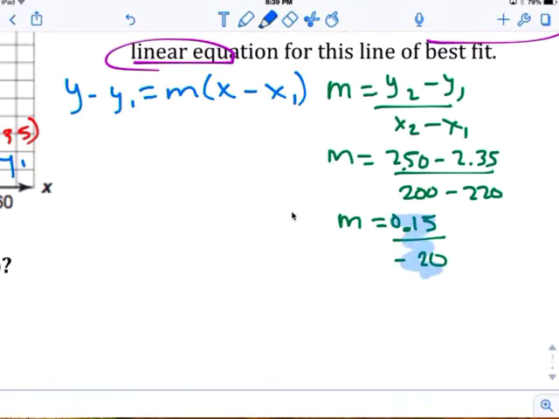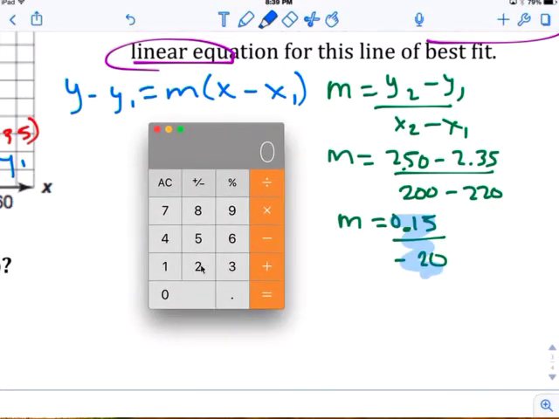Can't do that. So you need to use a calculator and use just all decimals. So put in your calculator 0.15 divided by 20. It is a negative. Slope is a negative 0.0075. If those are the 2 numbers.